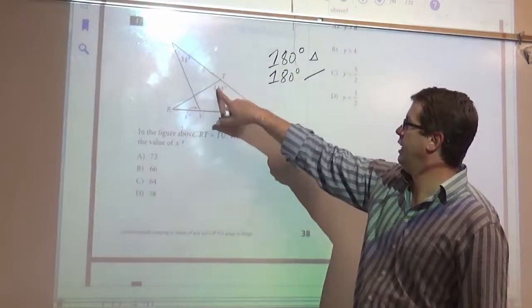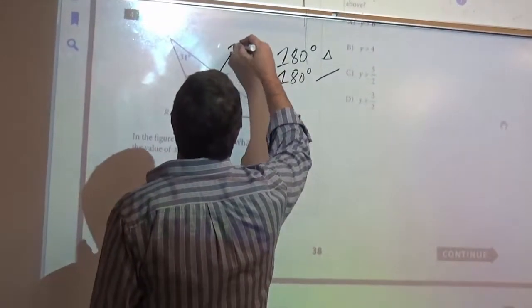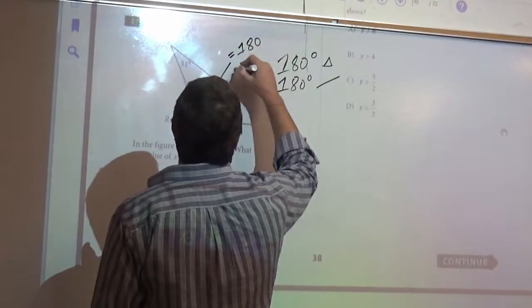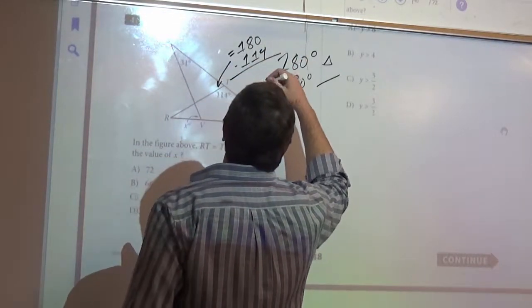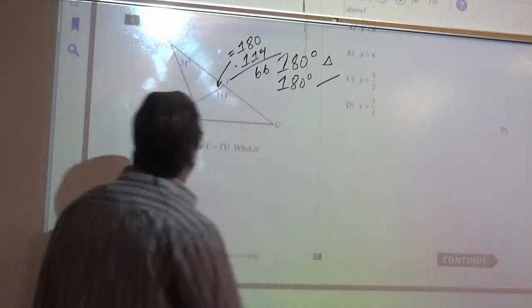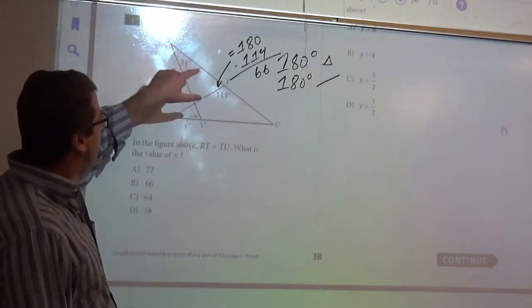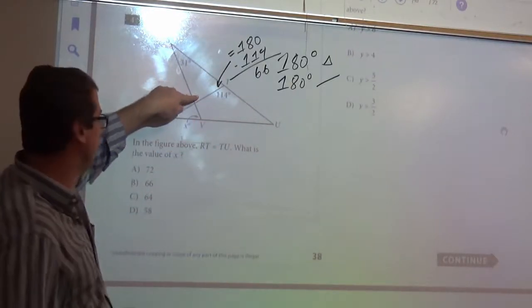So if there's 180 degrees in a line, this is going to equal 180 minus 114. So we know what this is, we know what this is, now we can know what this angle is.